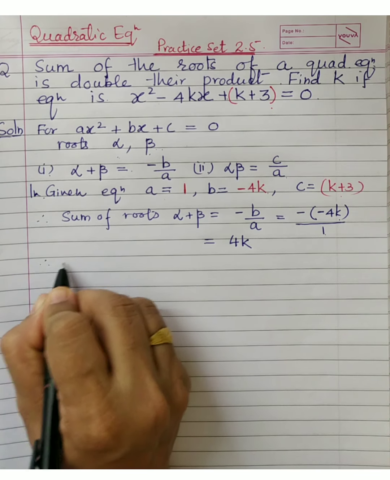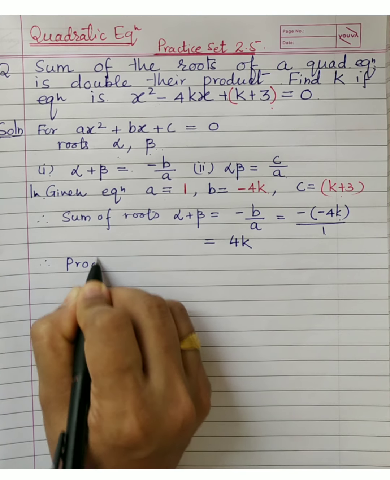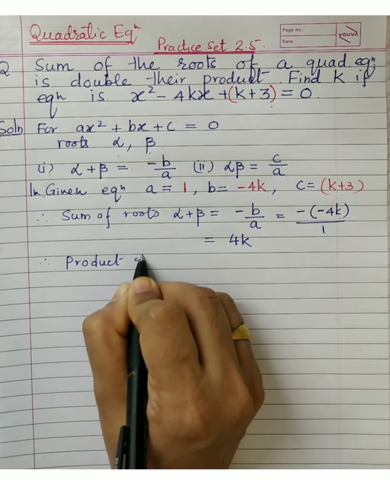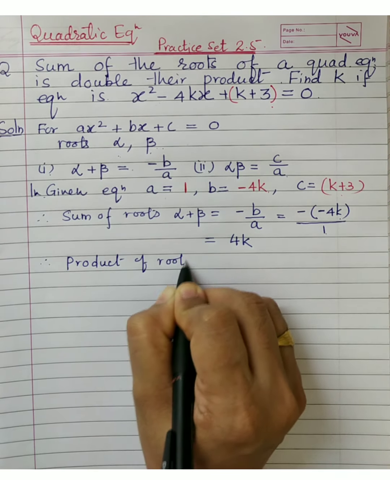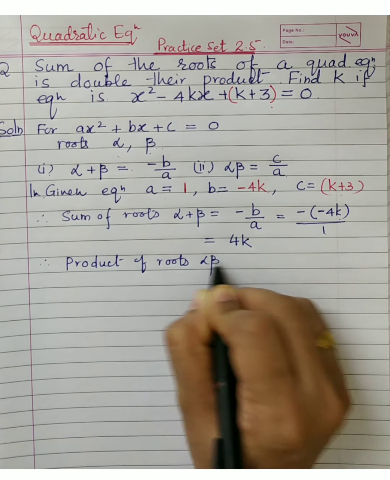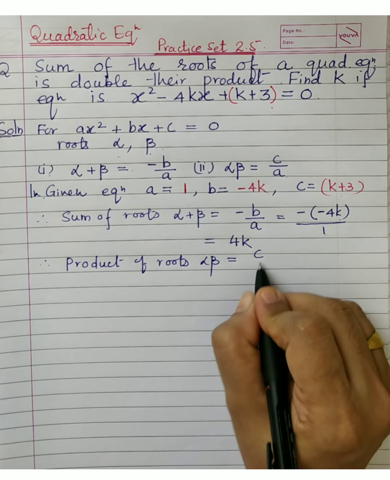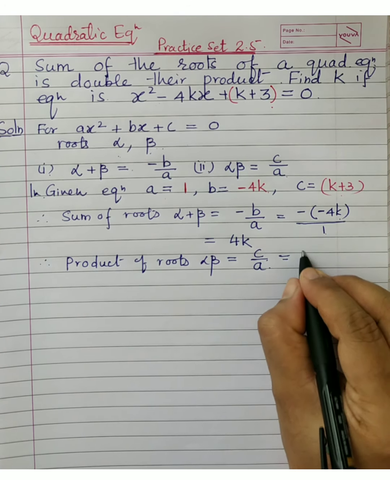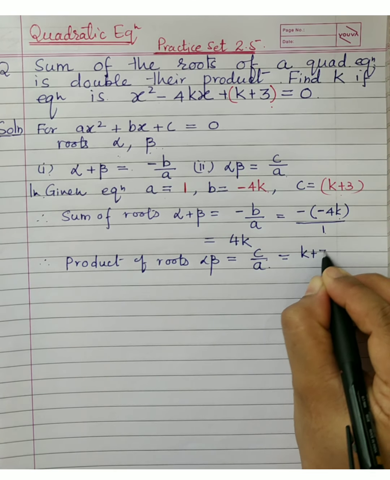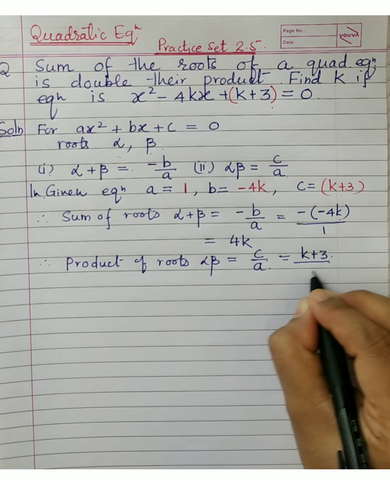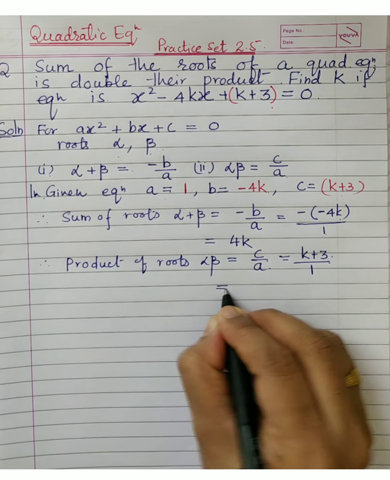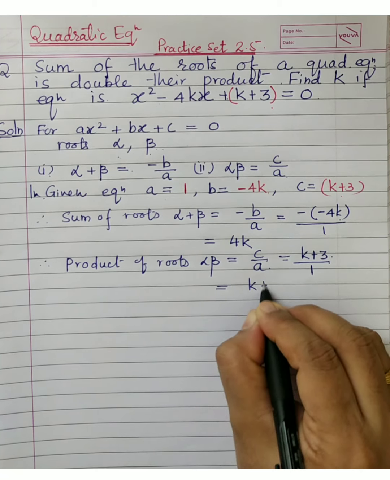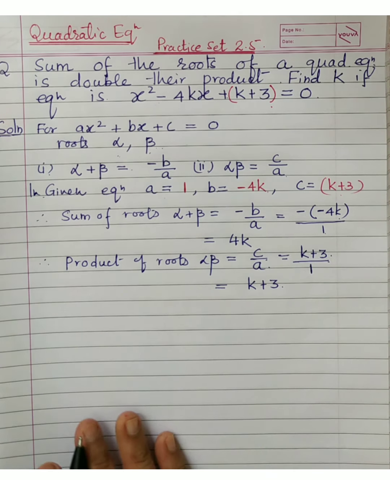Then find in a similar way the product of roots also. The product of roots, alpha × beta, is c/a. What is c? k + 3, upon a, that is 1. So alpha × beta has come to k + 3.